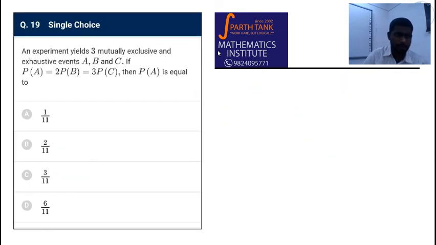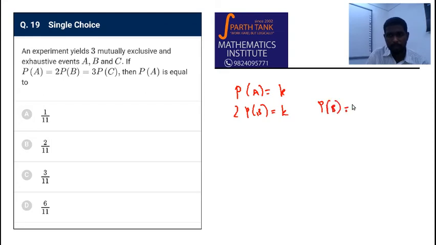No problems here. 19. Experiment yields 3 mutually exclusive and exhaustive events. Mutually exclusive, so there are no intersections. Exhaustive, all 3 added will give 1. If P of A is 2 times P of B is equal to 3 times P of C, then P of A is equal to, let us say P of A is k, then 2 times P of B also is k, therefore P of B should be k by 2, and 3 times P of C should be k, so P of C should be k by 3.